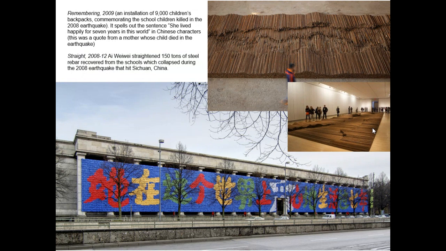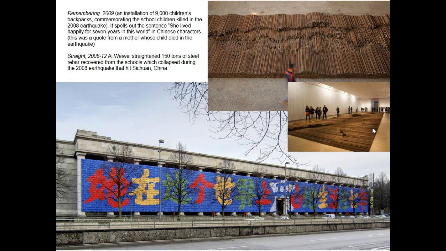What you're actually seeing, though, is an installation of 150 tons of steel rebar that was collected from schools that collapsed in a horrific earthquake that took place in 2008 in Sichuan in China.